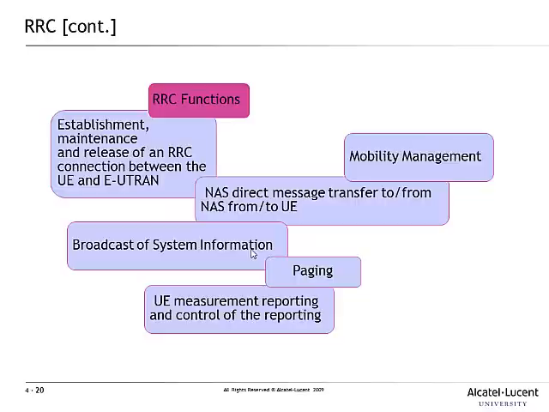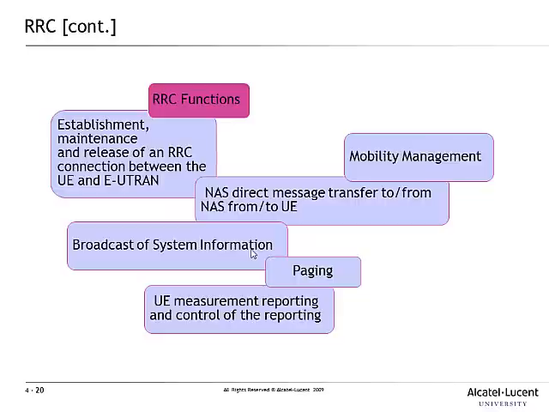It also has to perform broadcast of system information, and there's a lot of information about the cellular network that needs to be broadcast, so the UEs can make decisions based on this broadcast. Examples would be things like cell ID, which is broadcast by every cell. Another function that the RRC layer has to do is paging.